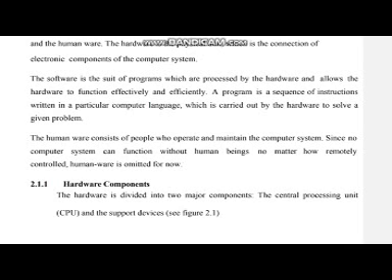Now, as you can see, it says the hardware is the physical unit, which is the connection of the electronic components of the computer.